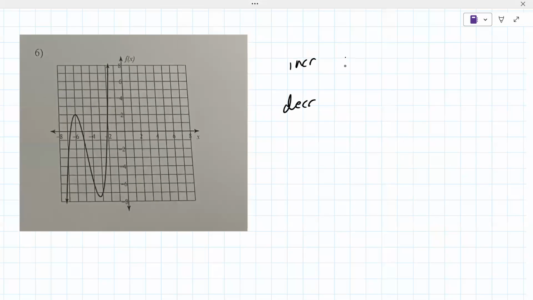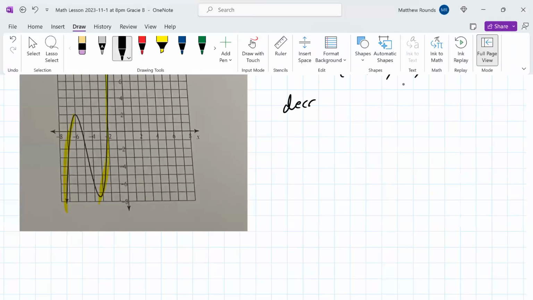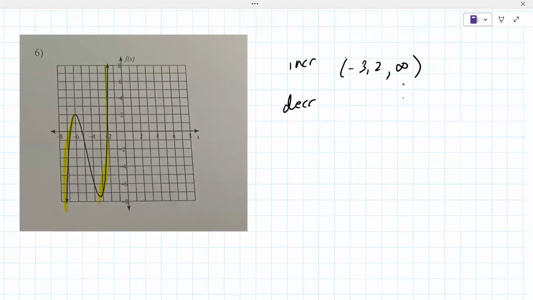Increasing, I said -3.2, comma infinity. That's only one of the intervals. That's just this one. Is there anywhere else that's going up and to the right? Negative infinity to -6.